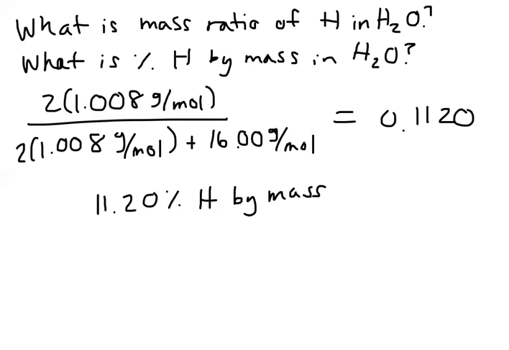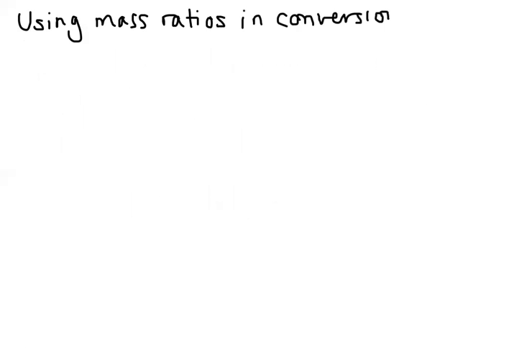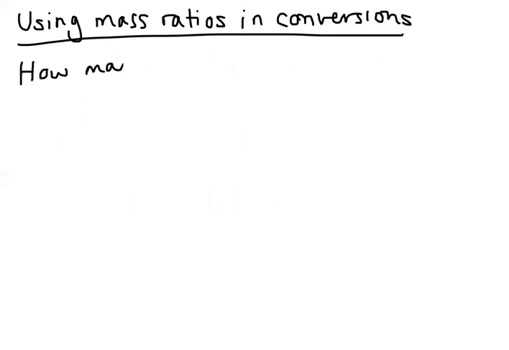Okay, let's use mass ratios in conversions. I could say how many grams of carbon are in 16.5 grams of CCl4.